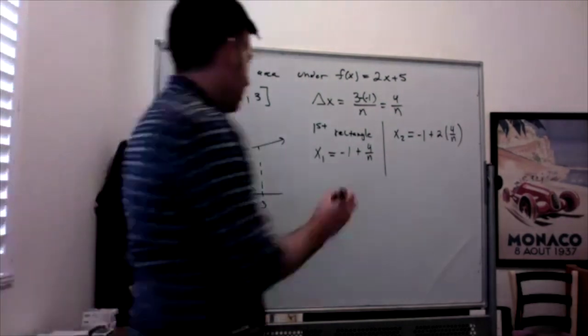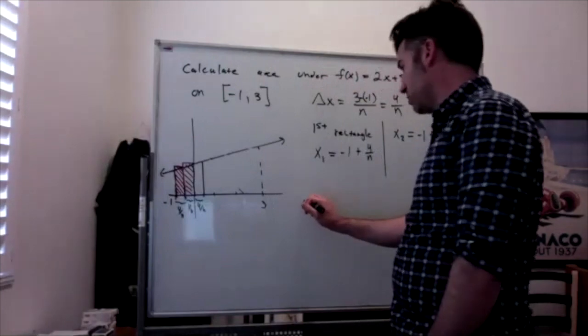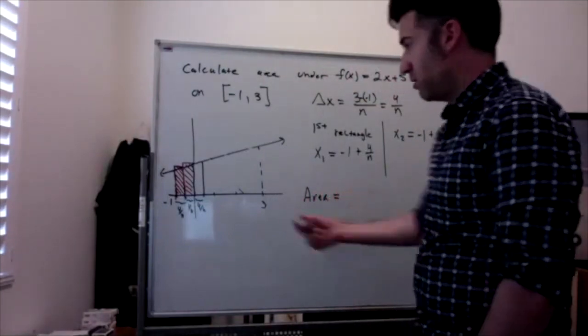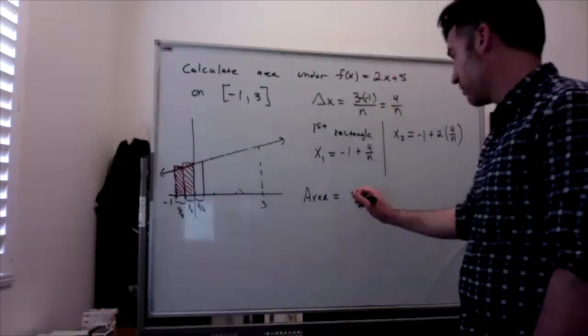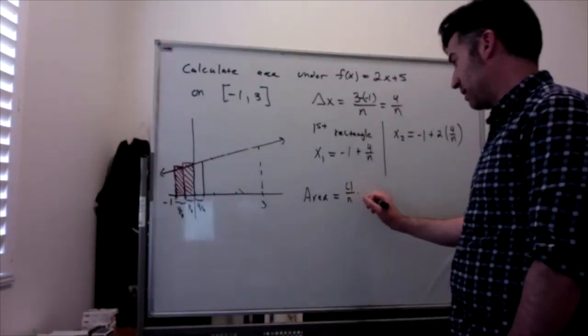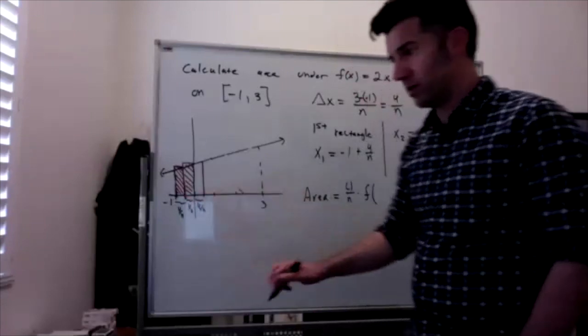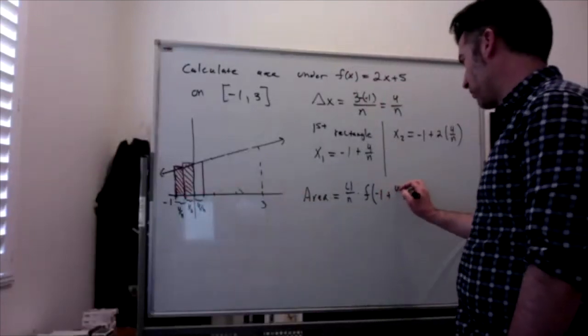So the area of my first rectangle is going to be base, which is 4/n, times the height, which is f of that first point, -1 plus 4/n.